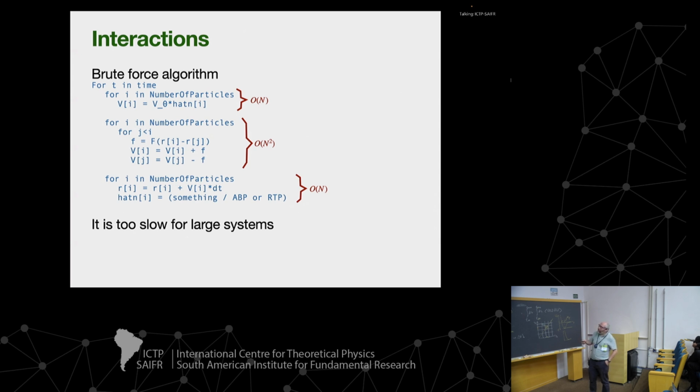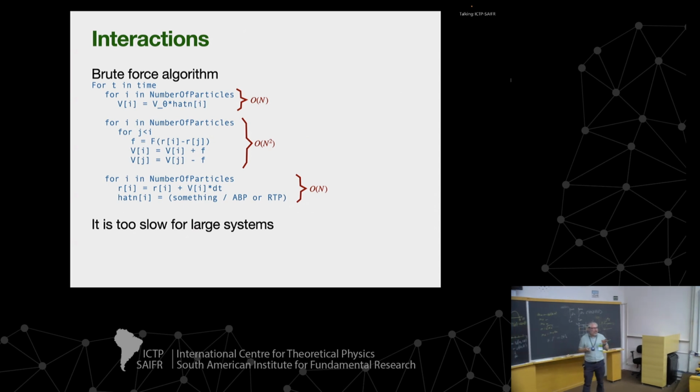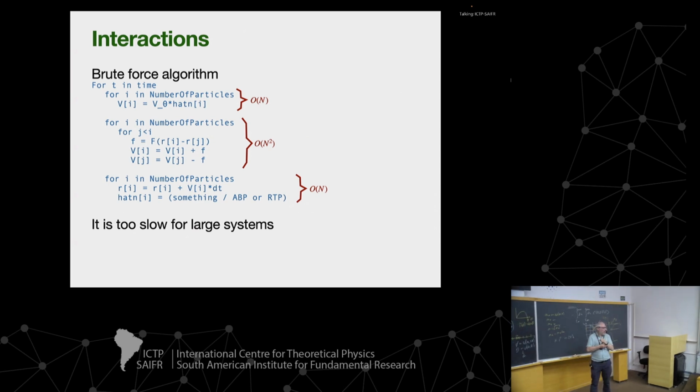The last part also runs over all the particles, it's order n, but this part runs over all the particles and all possible partners. So the whole thing is order n squared. It's very slow. You don't want to do that, except for tests, except for getting some ideas.